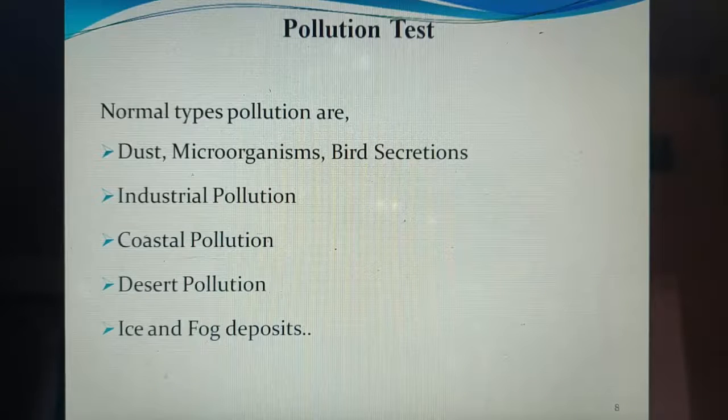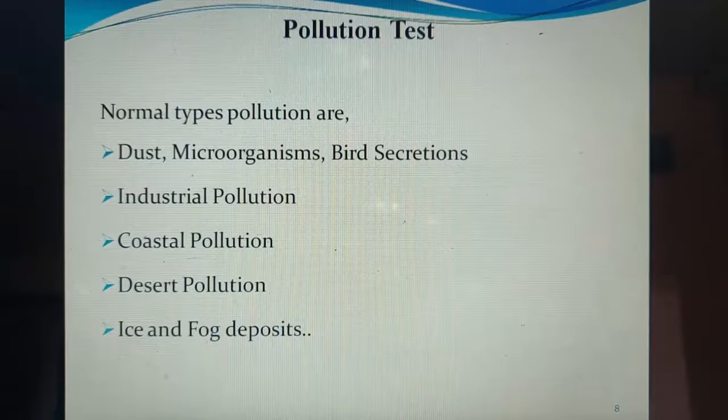Generally, there is not yet any standard pollution test available, but it is normally done as a salt fog test. The pollution test is the salt fog test.